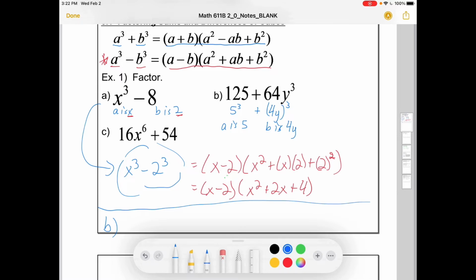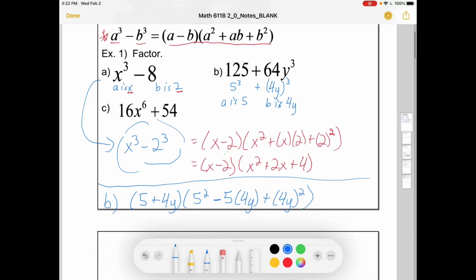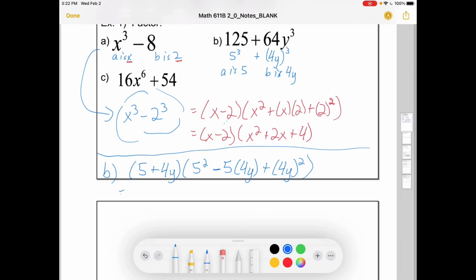It's a plus b, so that would be 5 plus 4y, times a squared, so that's 5 squared, minus a times b plus b squared. Remember, whenever we sub anything in, it's really going in brackets. So we'd get (5 plus 4y)(25 minus 20y plus 16y squared).